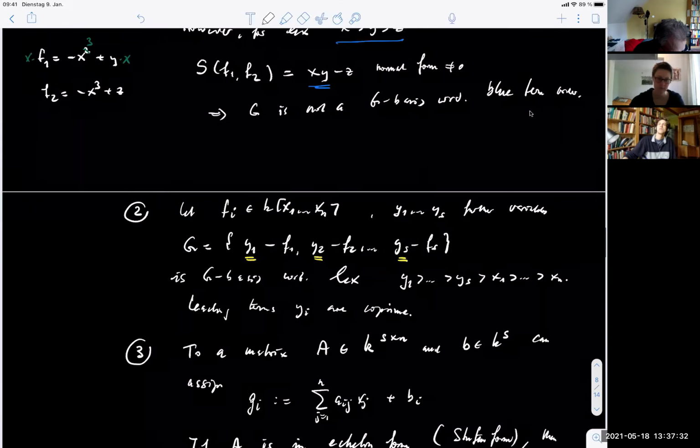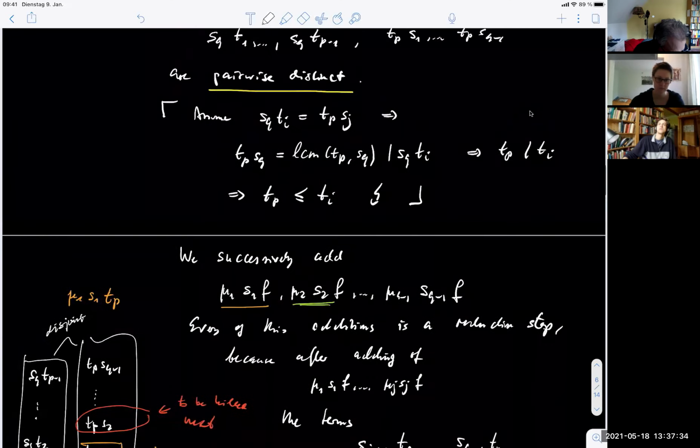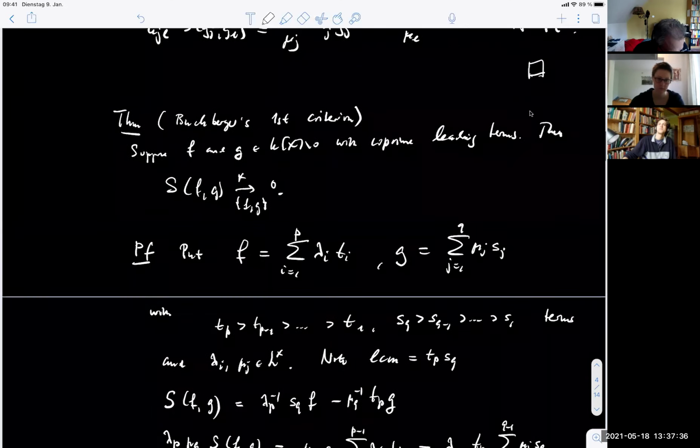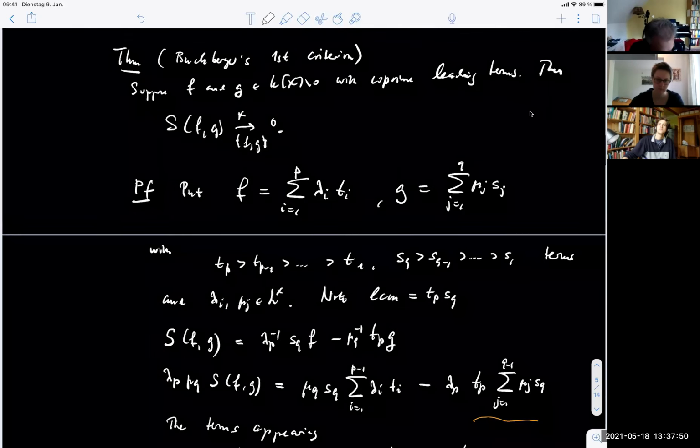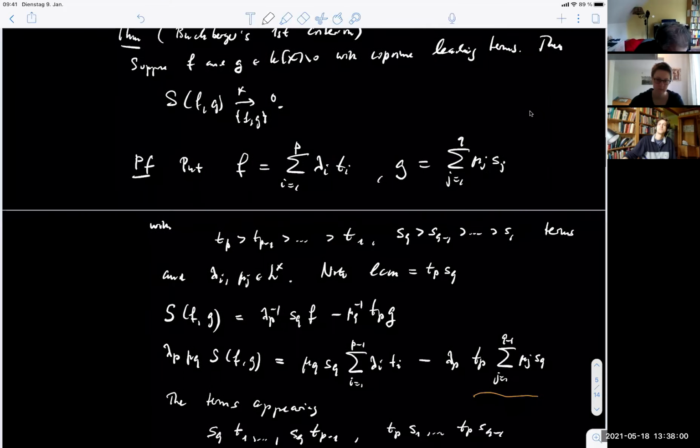Here we are. So in one intermediate step in the proof of the theorem, I still can't follow why we actually get the contradiction where we assume this equality.